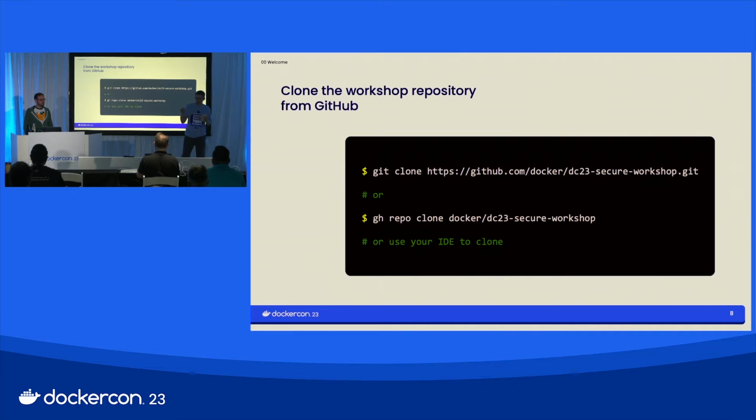DC-23-secure workshop is the Git repository. You can clone it with the Git CLI, with git clone. You can use the GitHub CLI if you want, gh repo clone, the slug. Or if you're, we are going to be editing files and stuff like that, so if you want to do it in your IDE, you can do that as well. But I'm assuming you know how to do that better than I do, so no instructions for that.